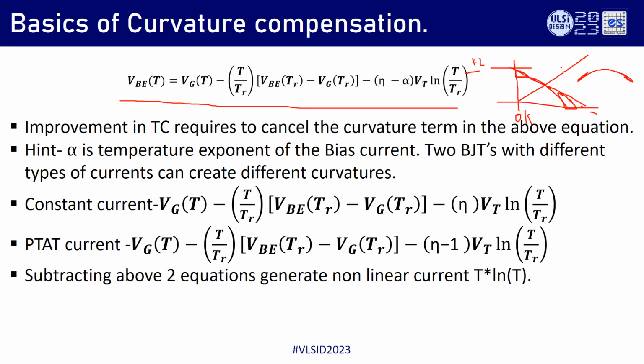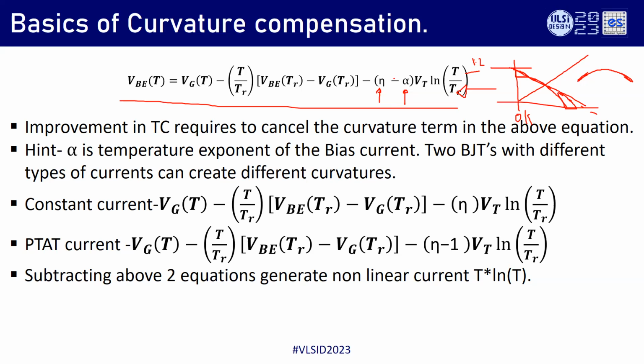There is another term: eta minus alpha times Vt times ln of T by Tr, where Tr is the reference temperature. So what are gamma, eta and alpha? The eta is how the mobility varies with temperature, some technological parameters. I'm also not an expert.